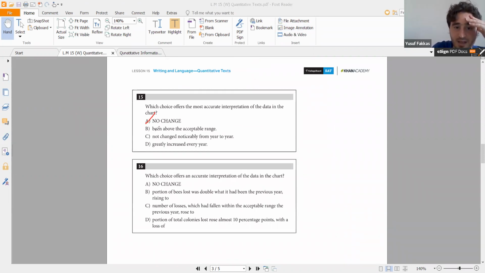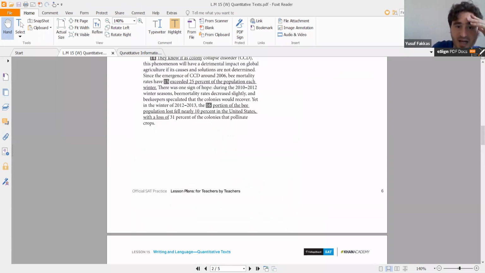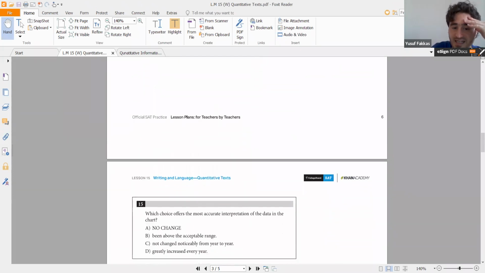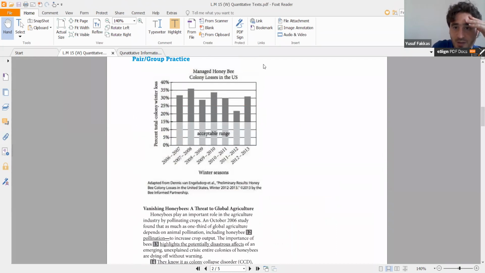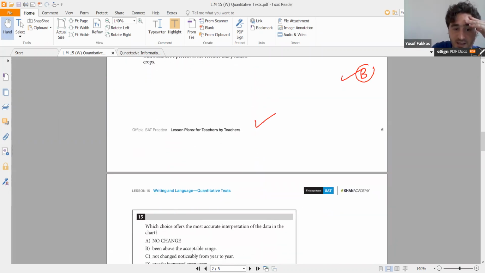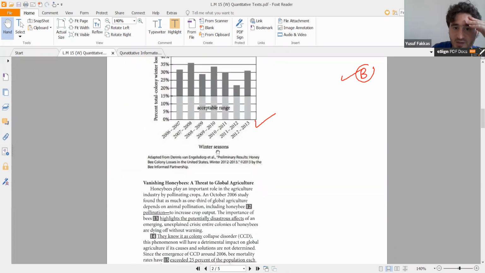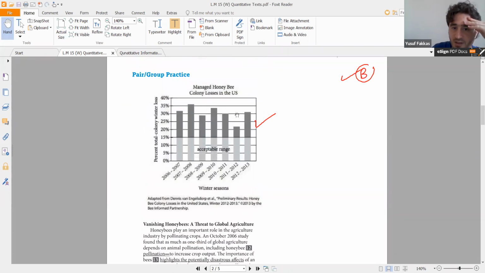Let's look at B. Been above the acceptable range. We go back to the passage. Remember, we need to complete the sentence. B, mortality rates have been above the acceptable range. Are they all above the acceptable range? Yes. So now I can say temporarily that B is correct. I need to check the other options quickly, C and D. Not changed from year to year, noticeably. No, of course, as you can see, there is a noticeable change from one year to another.